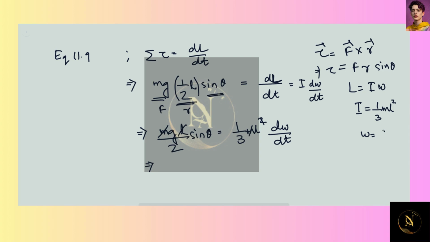Omega is the rate of change of theta, so we can express omega in terms of theta. Then we have 1 over 2 g sine theta equal to L over 3 d squared theta over dt squared.